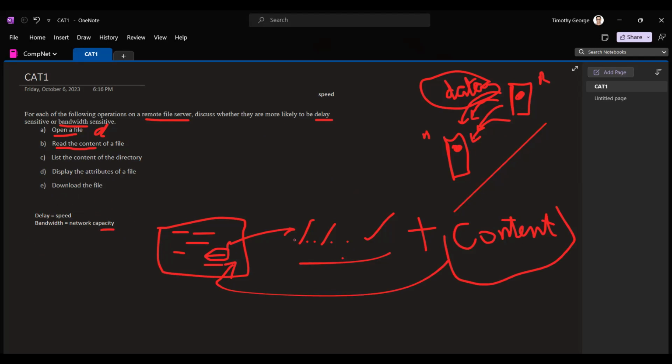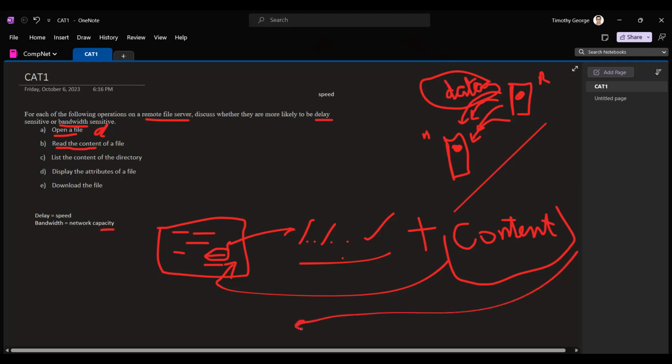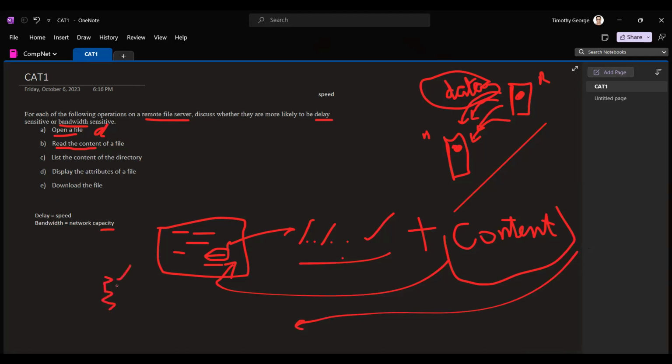Even if the speed is bad, it's more important that you don't lose file data. Let's say you have a file with 100 lines and only the first two lines get passed and the last one doesn't even reach the server. That's not good. But if you have to wait a little time for it to finally read, you would do that. So it's more important that you have enough bandwidth, and that makes it bandwidth sensitive.